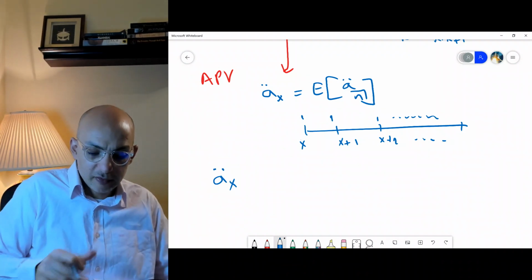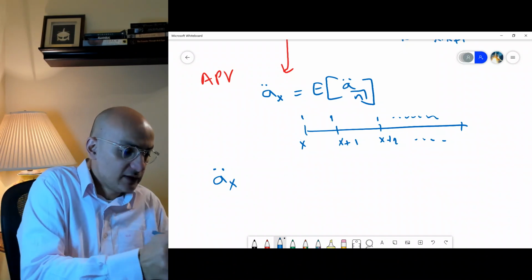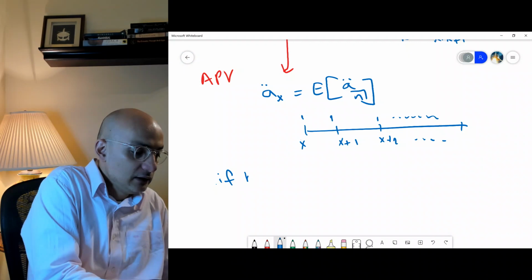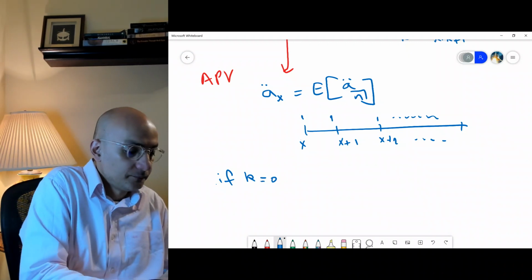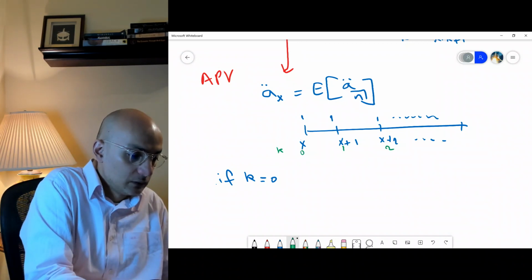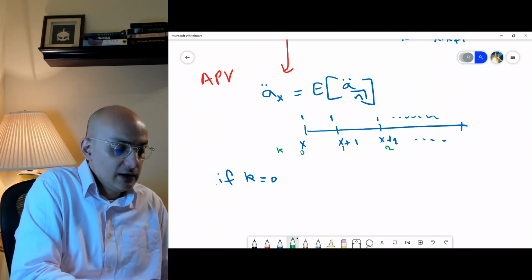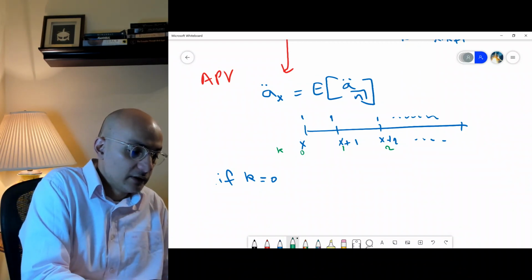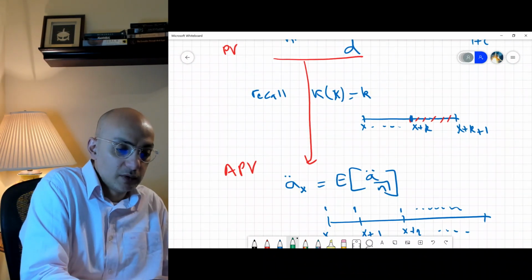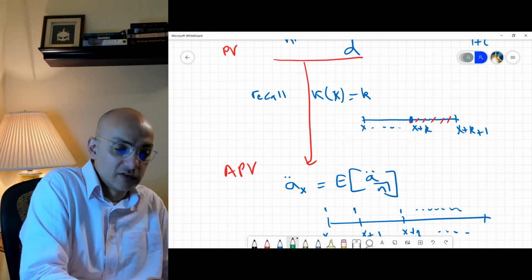The first one, let's take a few cases. If k is 0, so this is the 0 here, 1, k, 2. If k is 0, remember, death occurs between 0 and 0 plus 1.